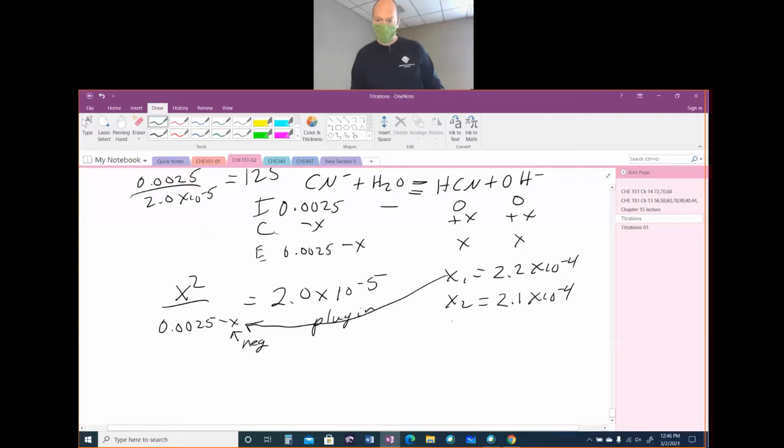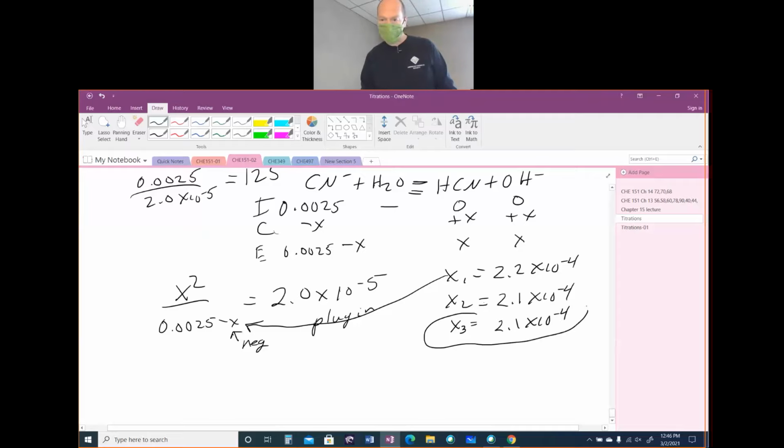So it is very helpful to only have 2 sig figs. So it's between 2.2 and 2.1, so we plug that in. So 0.0025 minus that answer times 2 times 10 to the minus 5, and then the square root of that. And again, 2.1 times 10 to the minus 4.